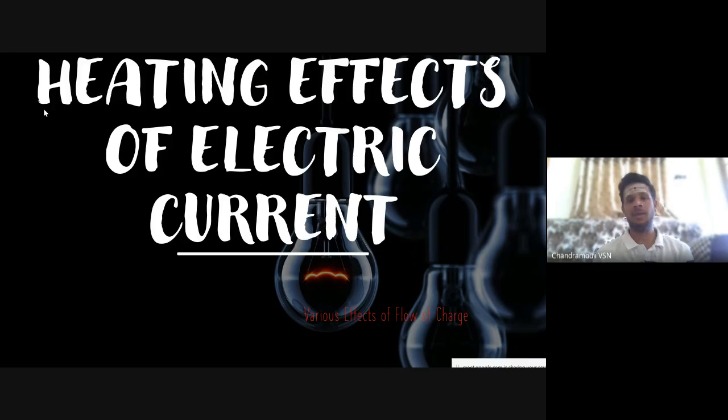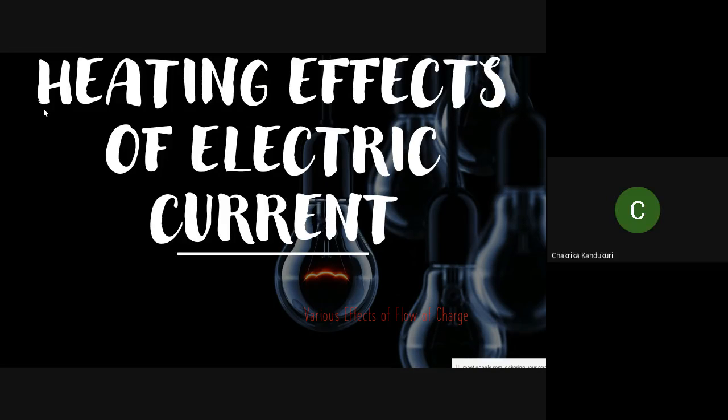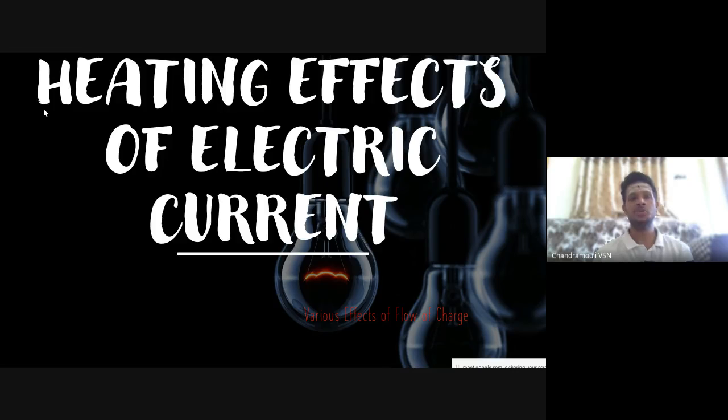What happens to the filament whenever you supply electricity? Will the filament be heated up or cooled? Heated up. Due to that heating effect, will you get light? When electricity is supplied to the filament, it is heated up and produces light energy. It's one type of conversion of energy.